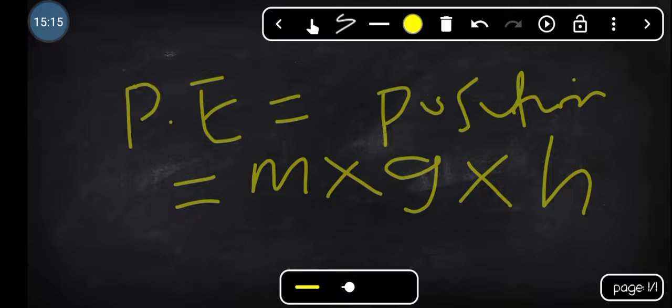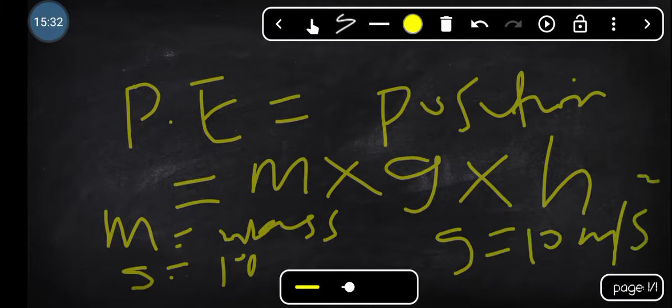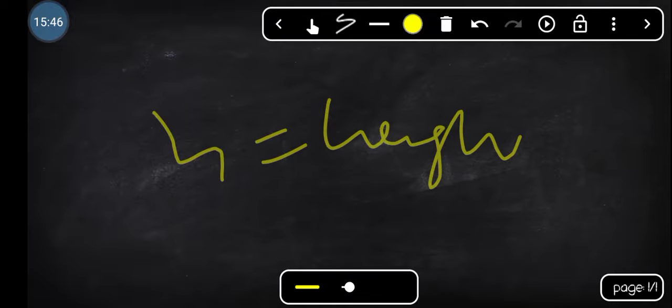It is also measured in joules. m is the mass of that object. g is the acceleration due to gravity, which is always 10 meters per second square. In some textbooks you see 9.8, depending on what they ask you to take in the exam. h is the height of the object.